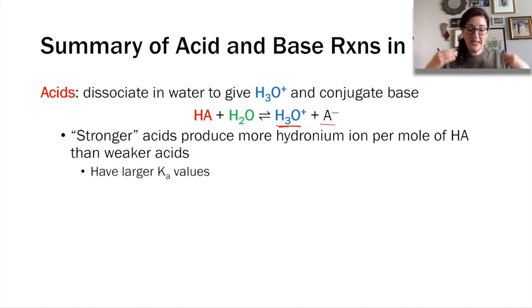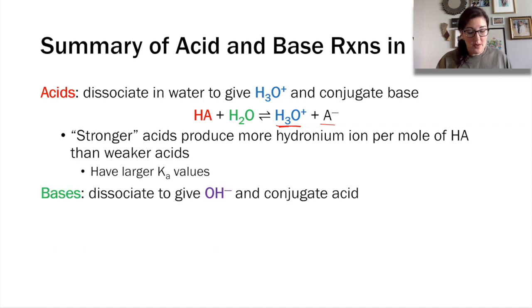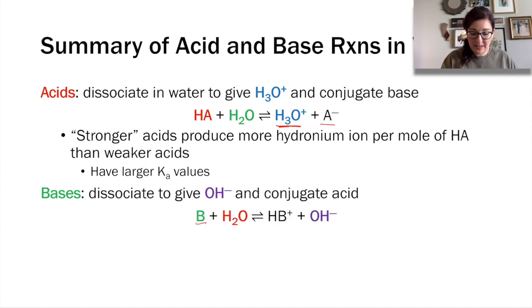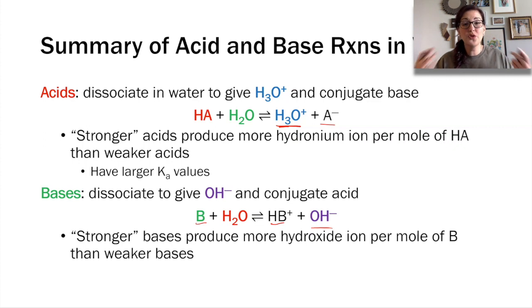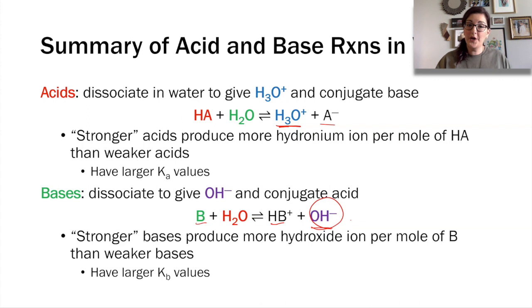So that means that the stronger the acid, the larger the Ka. Bases dissociate to give hydroxide and their conjugate acid, so a generic reaction here is a base B is going to react with water to give its conjugate acid and the hydroxide ion. Stronger bases produce more hydroxide per mole, so stronger bases will have a larger Kb.